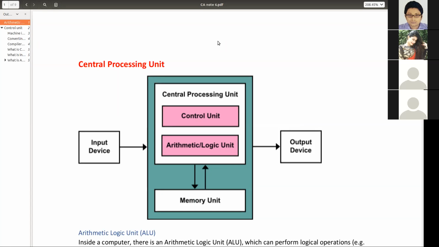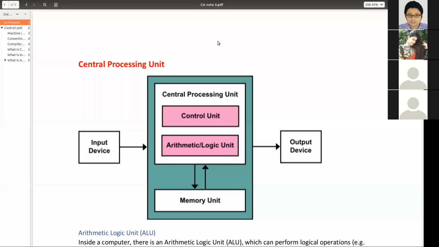On the other hand, the logic unit is where all the logical operations are done. Suppose I compare two numbers, 100 and 90. I'm checking whether 100 is greater than 90. That checking part is operated by the logic unit. Yes, 100 is greater than 90.